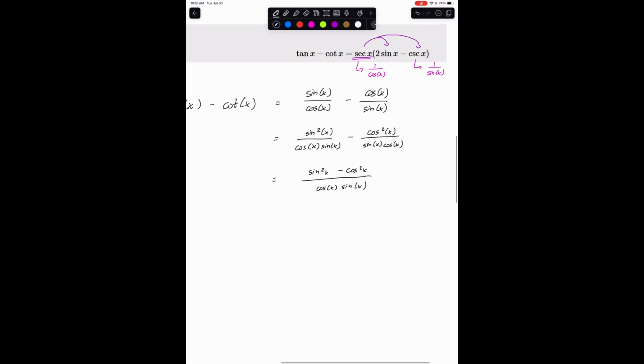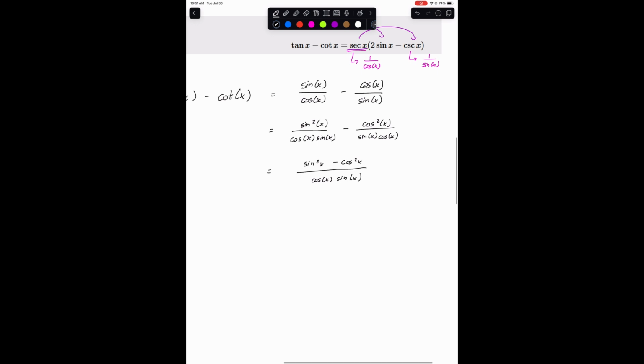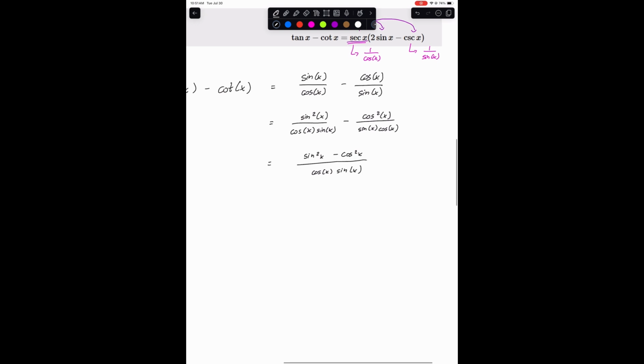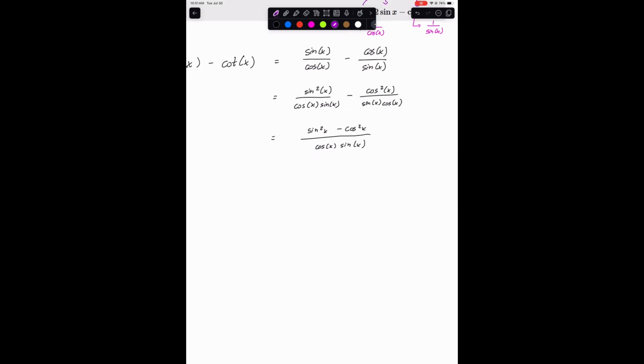Now I have a secant out here. Secant, like I said, is 1 over cosine x. So I'm going to move this out. So I will write 1 over cosine x times everything else, sine squared x minus cosine squared x over sine x.